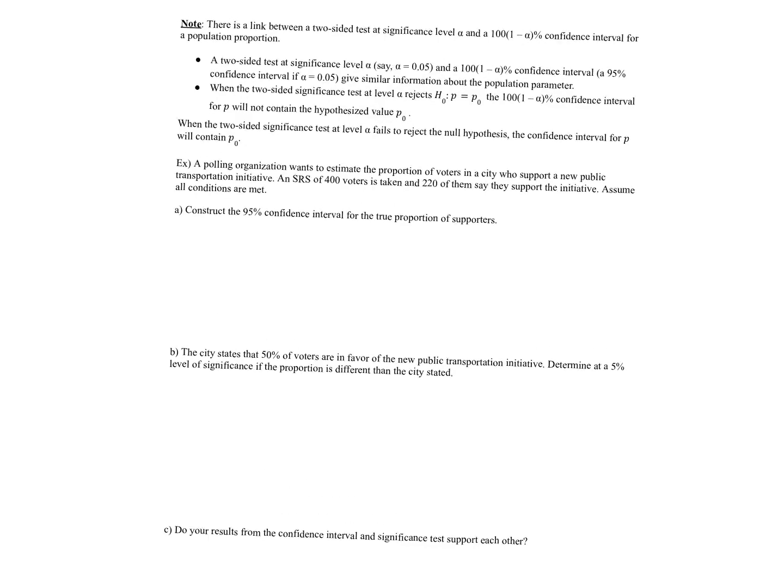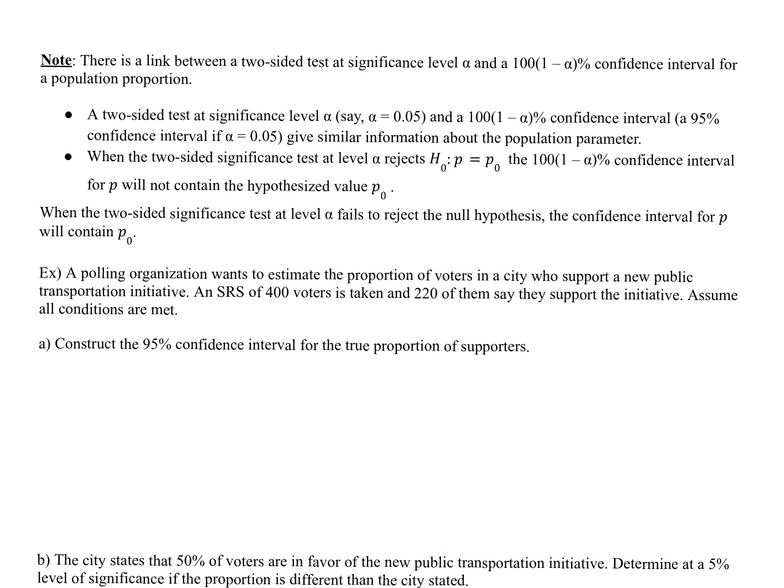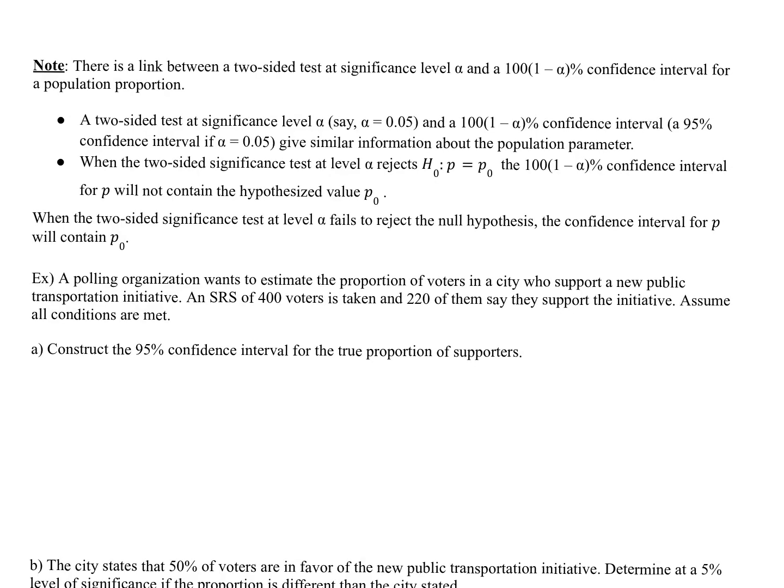So the last thing we're going to talk about is the similarities between a two-sided significance test and a confidence interval. Confidence intervals and significance tests actually go hand in hand with each other, especially when you're doing a two-sided significance test and a confidence interval that is the remaining percentage.